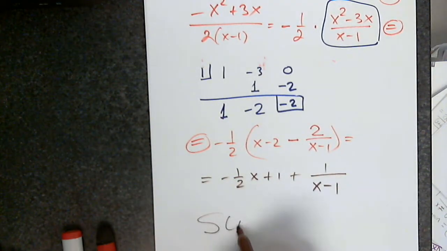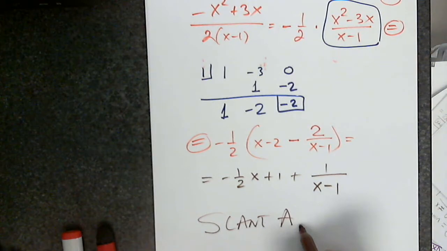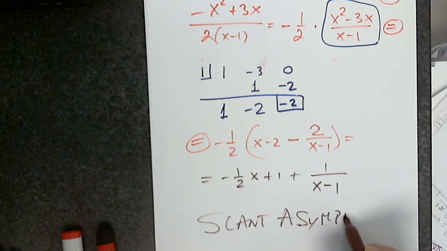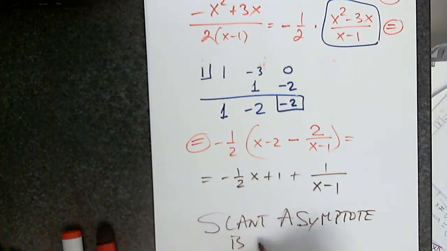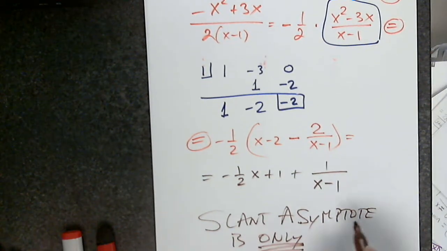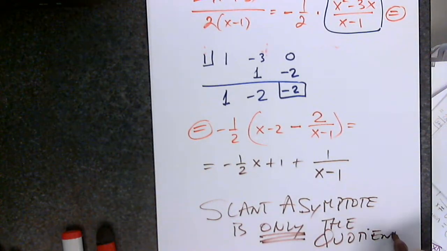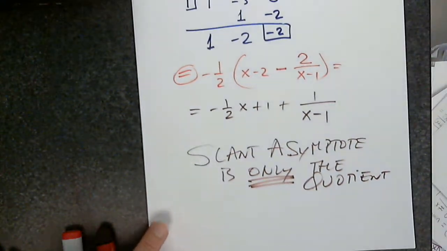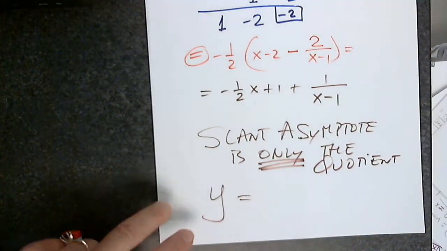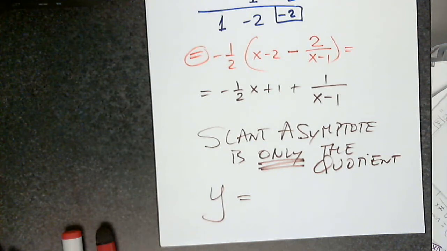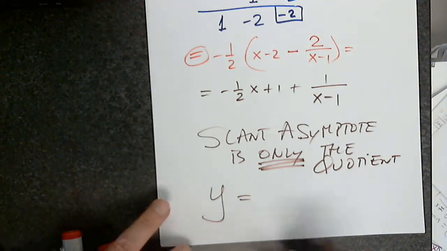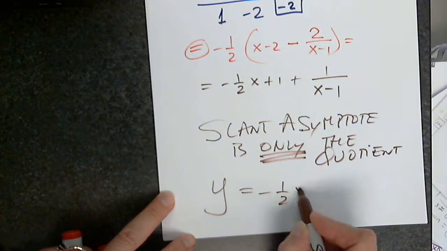The slant asymptote is only the quotient of this division. Can anyone dictate y equals what? What is the quotient of this division? With everything incorporated, with the number and everything that is there, but I disregard the rest. -1/2 x plus 1.